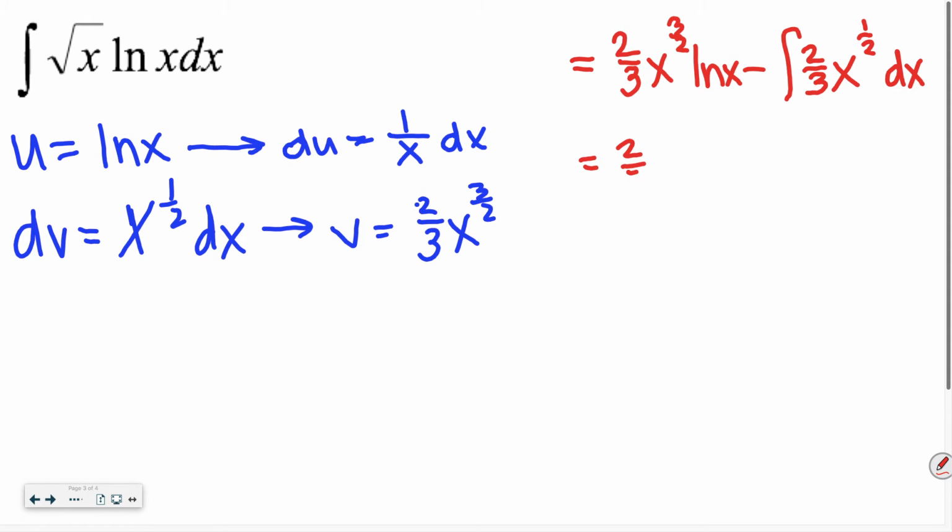So we get 2/3 x to the 3/2 natural log of x minus, when we integrate, this becomes x to the 3/2. Well, that's kind of strange, isn't it? So 4/9. You're almost taking that same antiderivative, but with a coefficient.